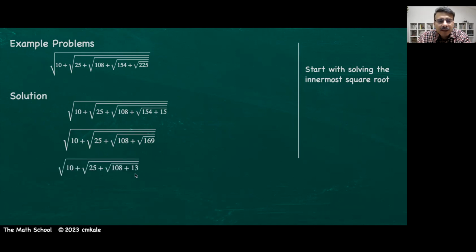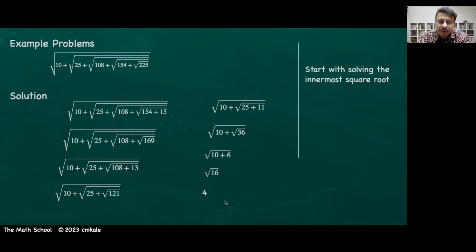So this evaluates to 108 plus 13, which adds up to 121, right? So we get one square root of 121. Now 121 is 11 square, which means square root of 121 gives us 11. So we have 225 plus 11, which adds up to 36. Square root of 36 is 6, and that adds up to 16, and square root of 16 is 4. So this entire expression adds up to 4.